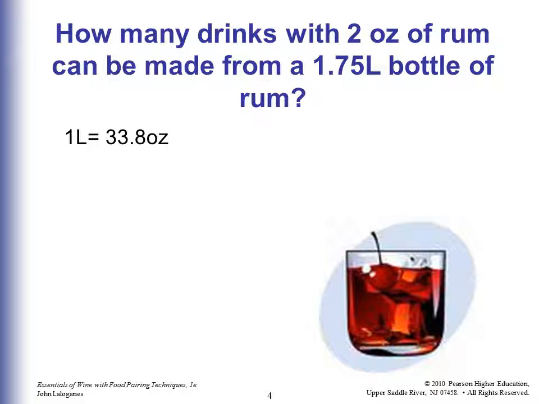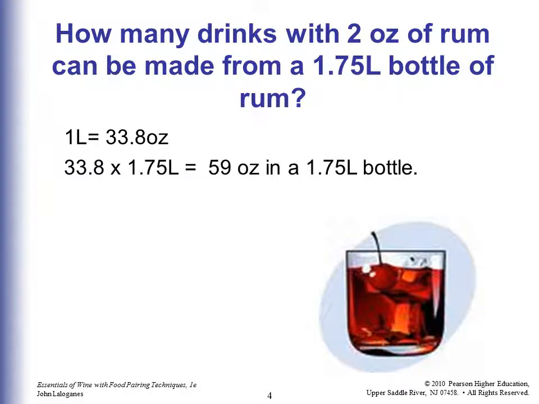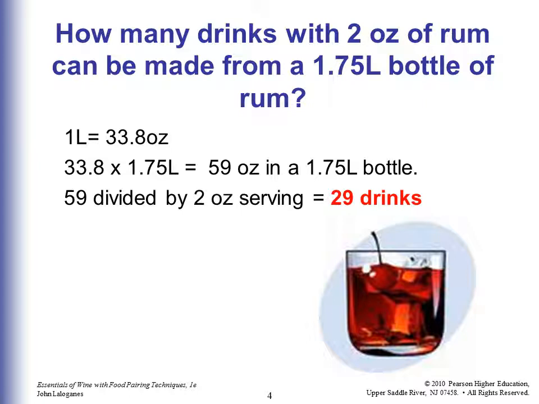In 1 liter, there's 33.8 ounces. 33.8 ounces times 1.75 liters in the bottle means you get 59 ounces in a 1.75 liter bottle. 59 ounces divided by your 2 ounces per serving equals 29 drinks that you will get out of a bottle of rum, or anything.